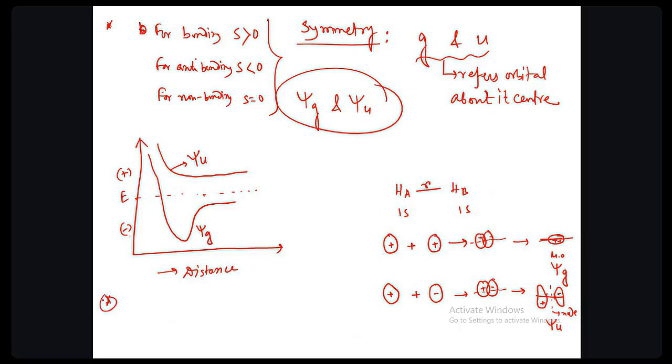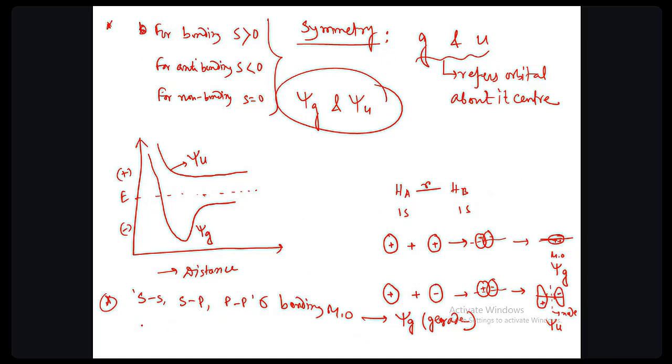You have to remember, I just simplify it: SS, SP, PP sigma bonding MOs are psi g, meaning gerade symmetry.